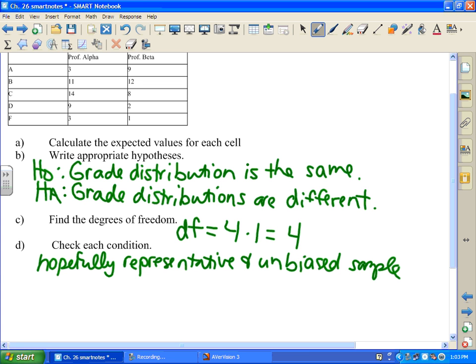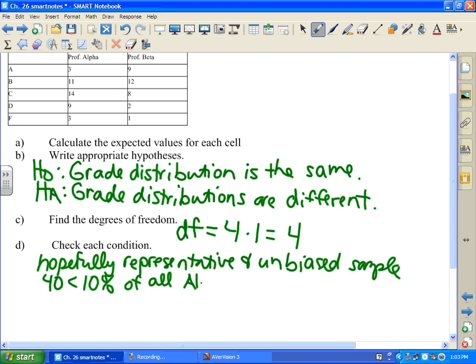How many students did Professor Alpha have? A lot, over the department. You think 40 is less than 10% of all his students? Ever, not just 1 year.